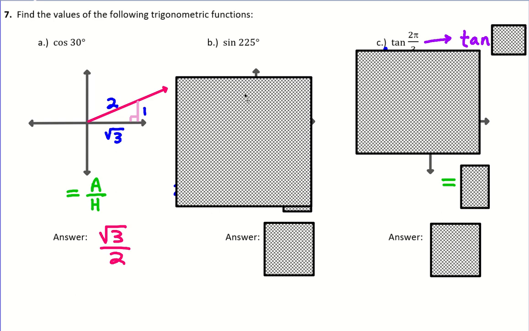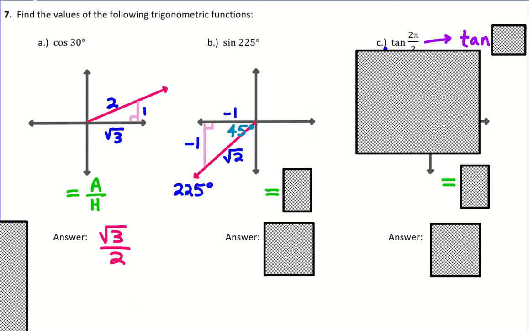All right? Next one is, I want you to work with 225, which is over here in quadrant 3. Okay? And for 225, this all-important reference angle is going to be 45. And so that makes this a very special 45, 45, 90.